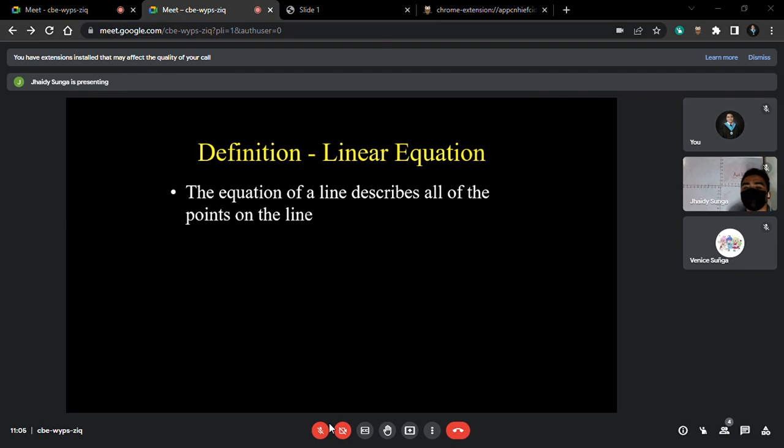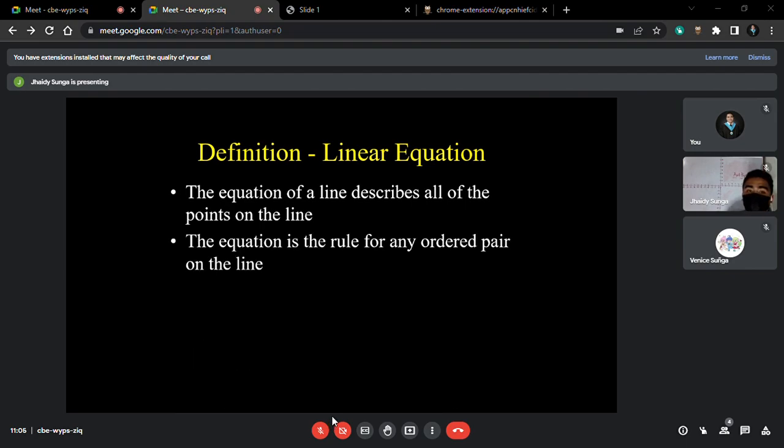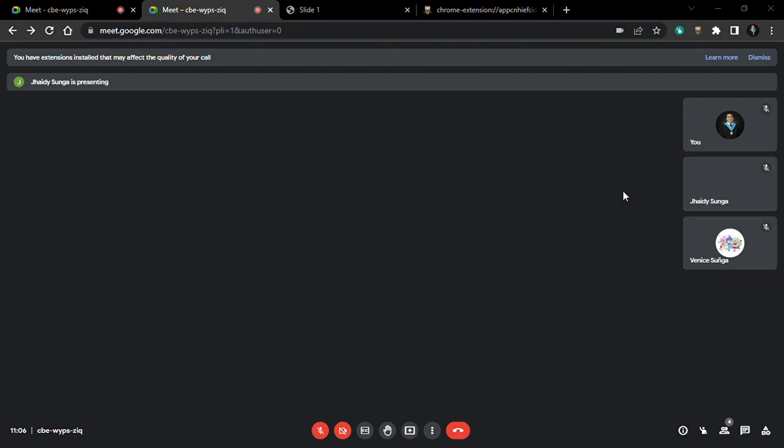So the equation of a line describes all of the points on the line. Also, the equation is the rule of any ordered pair on the line. So I will be giving you some examples, okay?